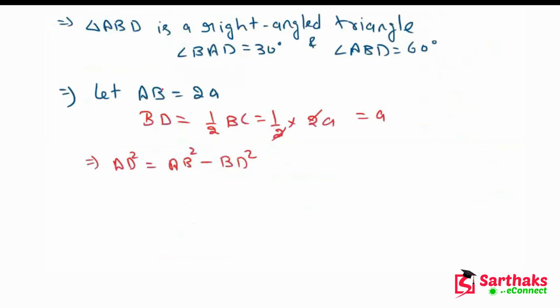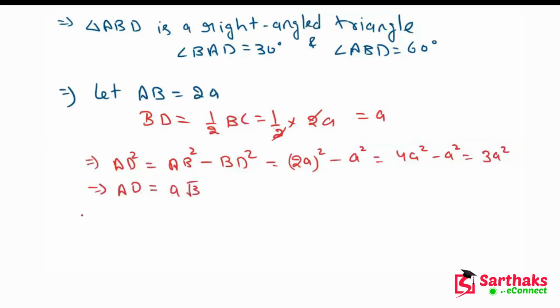So AD square is equal to AB square minus BD square. AB square means twice of A square, which is 4A square, minus BD which is A square, so we have 3A square. So what is the value of AD? AD is A root 3.